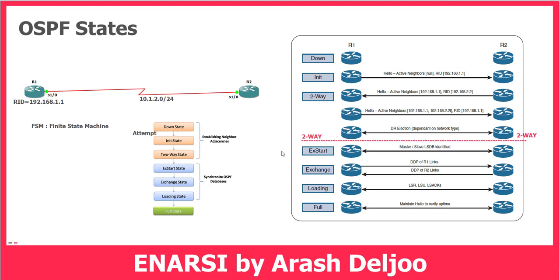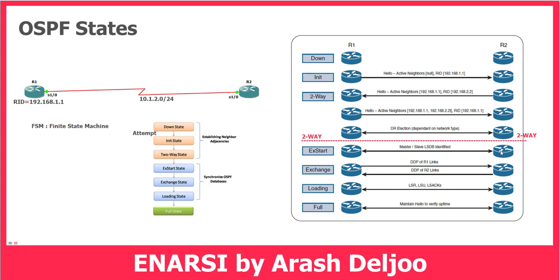Exstart is the abbreviation of exchange start, meaning we are starting the exchange of the link state advertisements. Okay, here we have some features. For example, one of the routers should be selected as the master, another is a slave. The detail of these functions is beyond the scope of NRC, but let me say that master is the router with the higher router ID and the slave is the router with the lower router ID.